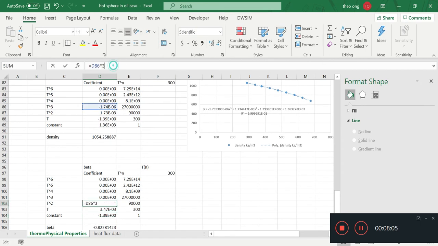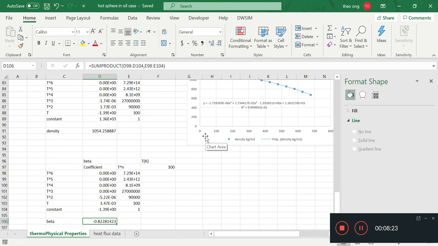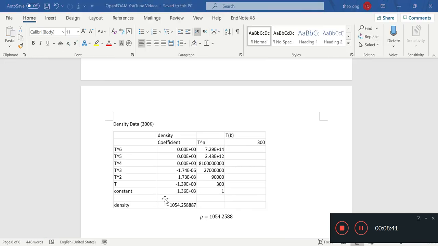So you see, you differentiate: it will just be 3 times 2 times 1. That's how we get the beta. That's a good thing, again, the differentiation is pretty easy. So we have the value for our beta over here. Okay, this is not beta yet. This is d rho dT. Yeah, that's what it should be, d rho dT. And I'll just paste it down here.